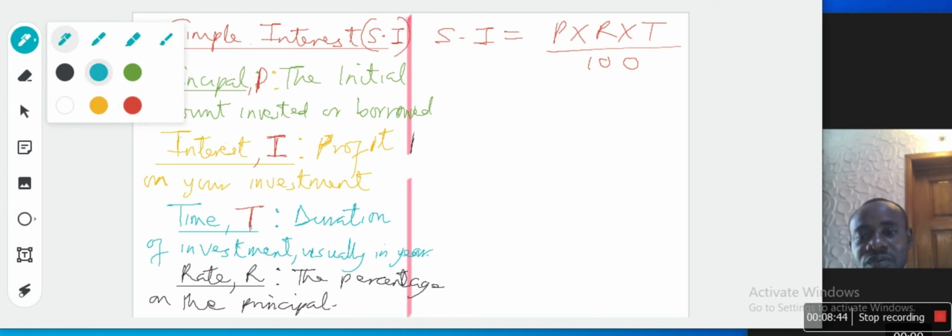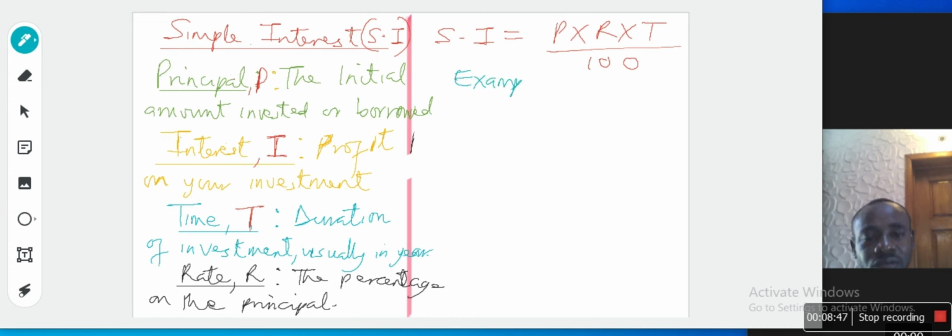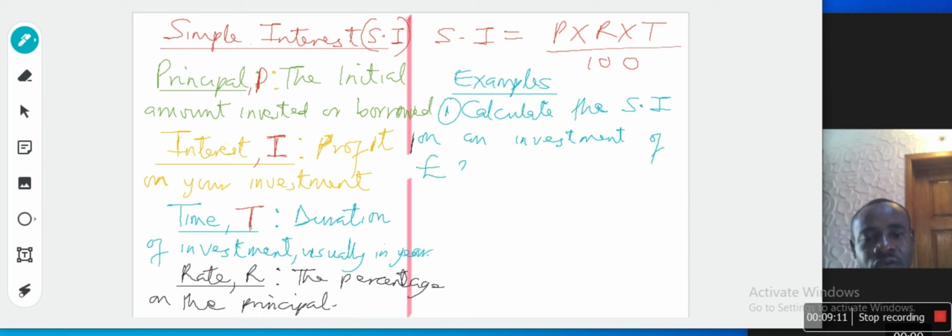So, a simple example. Example number one: calculate the simple interest, SI, on an investment of $20,000 for 5 years at the rate of 2.5%.